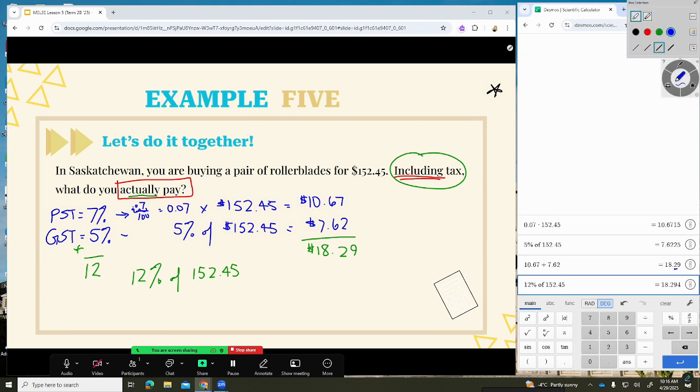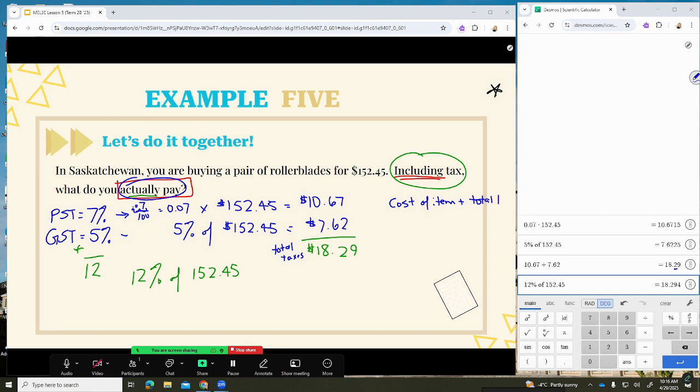But that's just the taxes. So this is total taxes. We want to know how much you actually pay, everything together. So we're going to add the cost of the item plus total taxes.